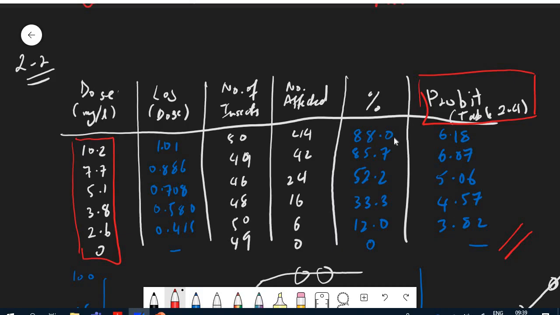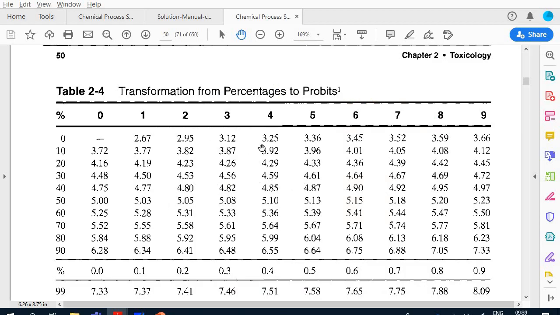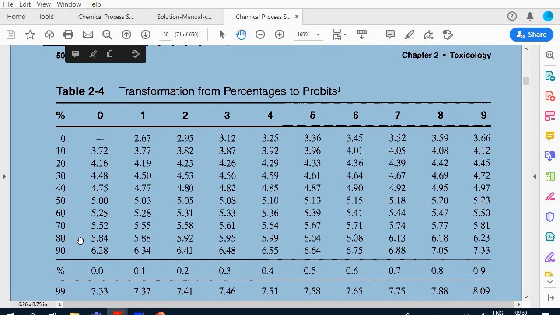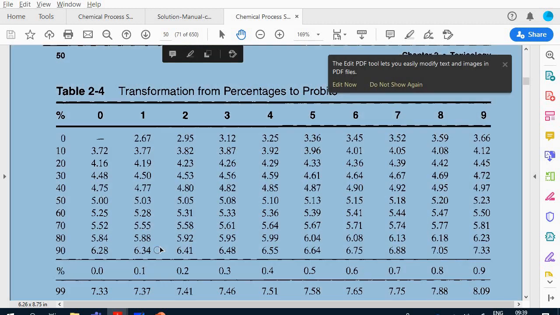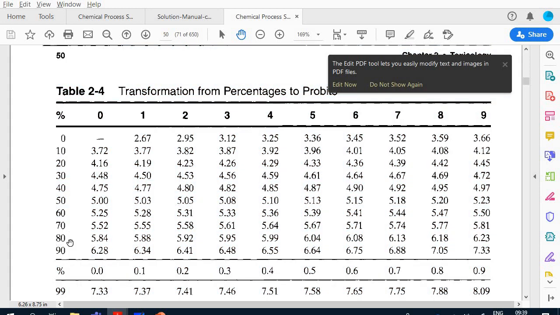So if we look at the percentage, say 88% affected, let's see how we can get the probit. So here we can look at 80. Okay, so here I have 80, and here I have 8.